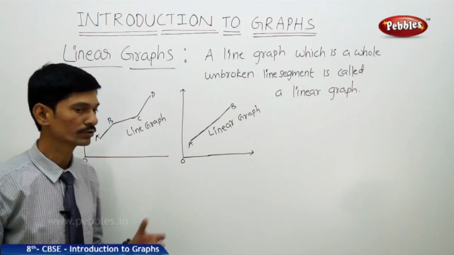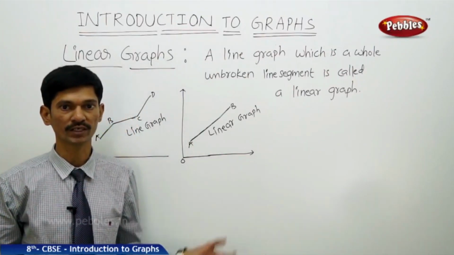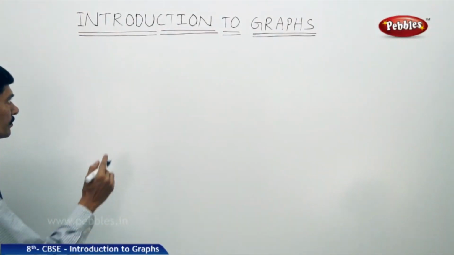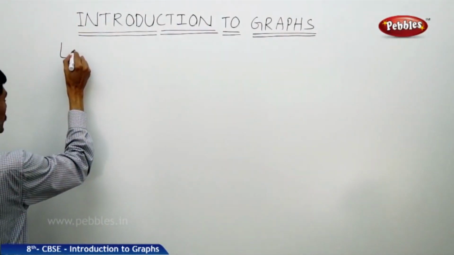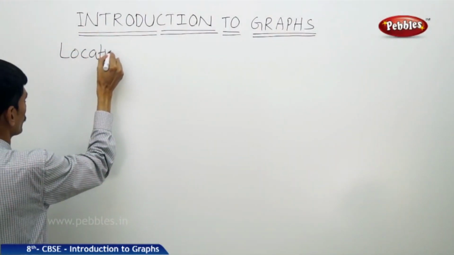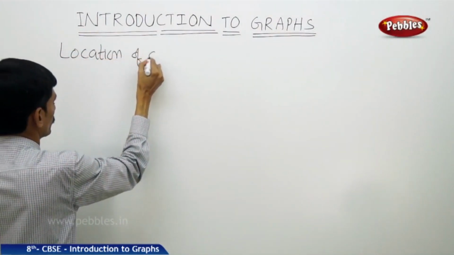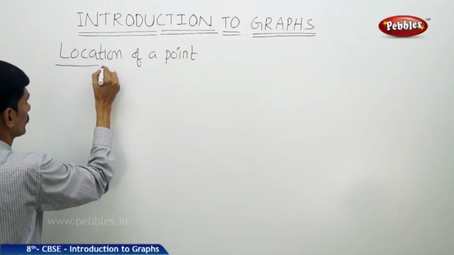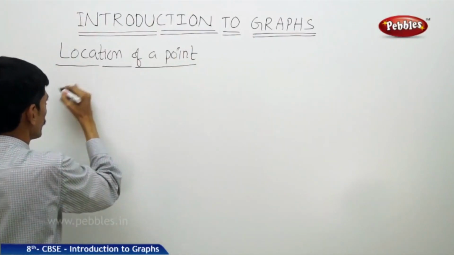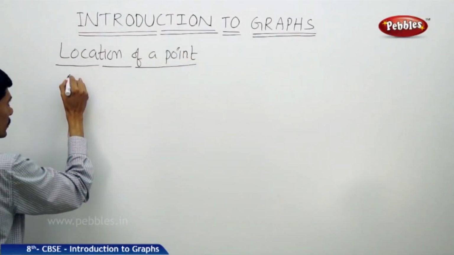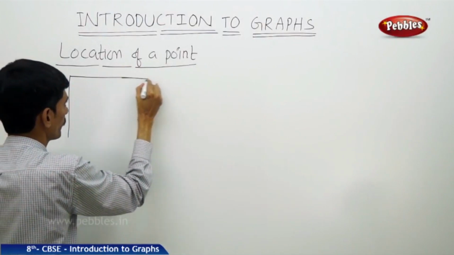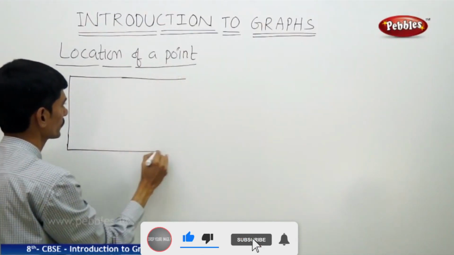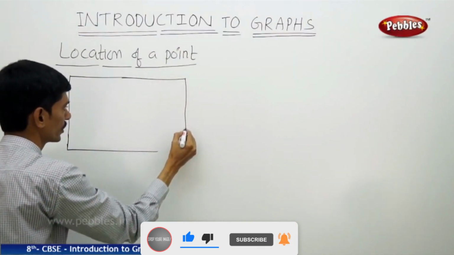Now let us learn how to locate the given points in a plane. Now let us discuss how to locate a point in a plane, means location of a point. Now a teacher puts a dot on the blackboard and she asks the student to describe the position of the dot.